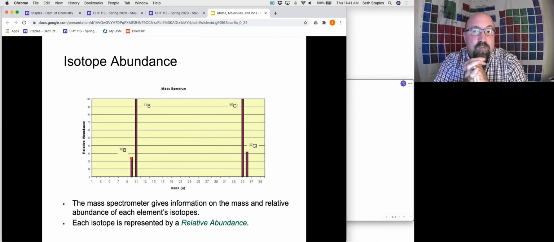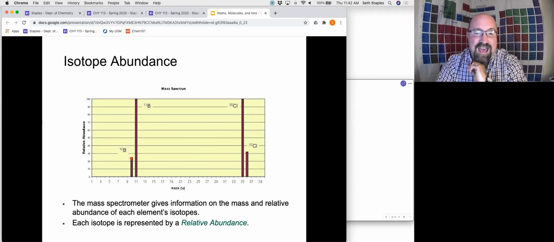For chlorine, we can see that the isotope that's in a much higher abundance is chlorine-35. Those two primary isotopes of chlorine exist, and each of those is stable. So any of the chlorine that you might find out in the world, some of it might be chlorine-35, some of it might be chlorine-37, but much more of it is going to be chlorine-35.